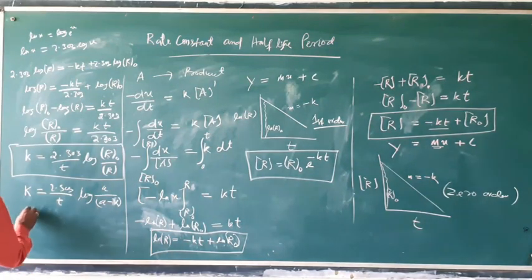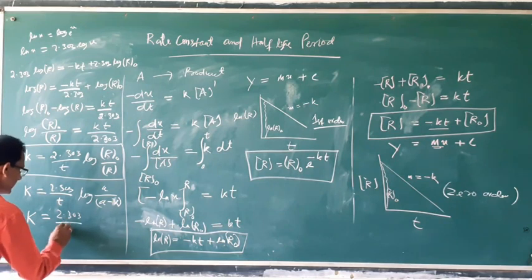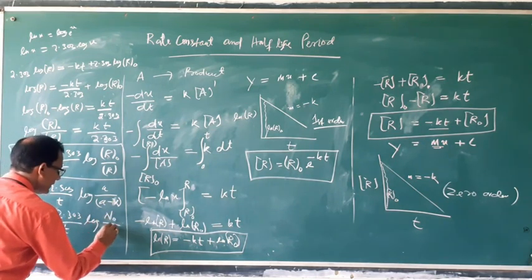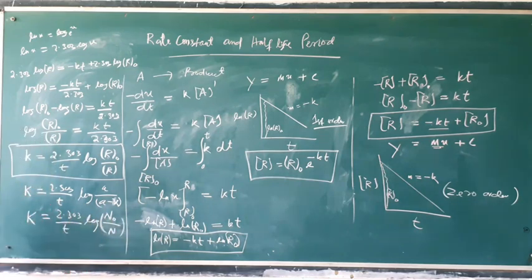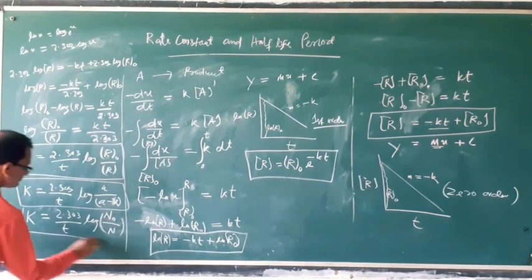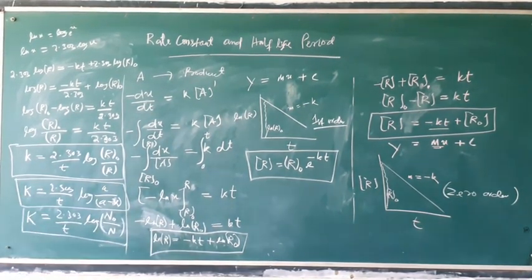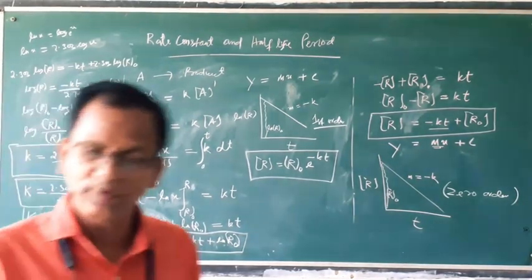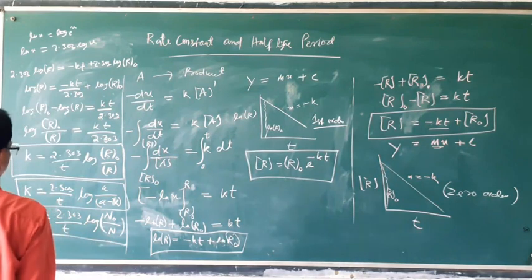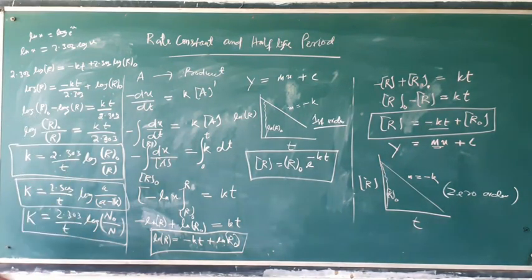Or it can be written as 2.303 by t log n0 by n. So different expressions using different notation. N0 means initial value, n means mass left.